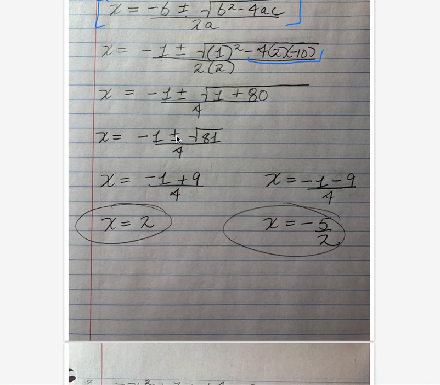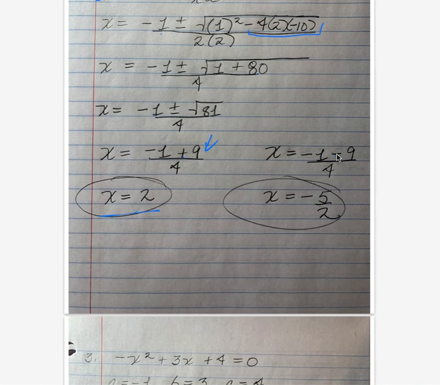So I get -1 plus the square root of 81, so that's 9, all over 4. And so that ends up being 8 divided by 4. So I end up with x equal to 2. And then in the second calculation, where I have to do the minus, it's -1 minus 9. So that's -10 all over 4. So I end up with a -5/2. I'm going to reduce that fraction.